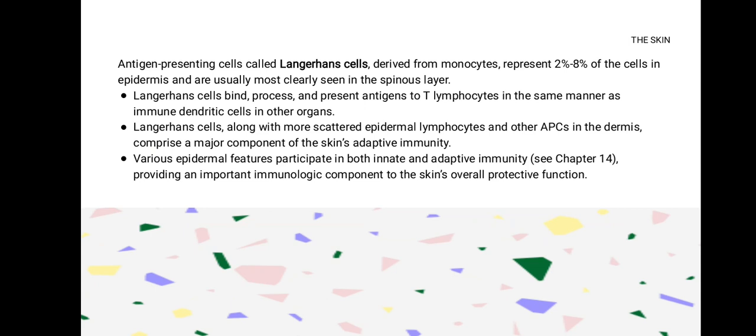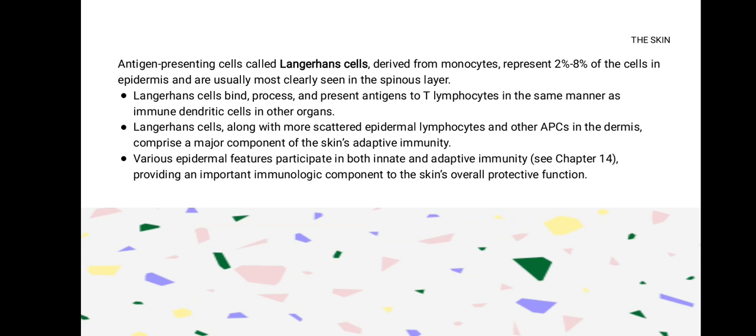Next would be the Langerhans cells. Langerhans cells are also known as antigen-presenting cells, which derive from monocytes, and represent 2% to 8% of the cells in the epidermis, usually most clearly seen in the spinous layer.